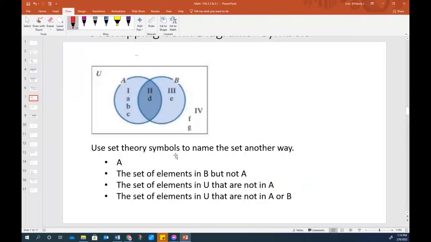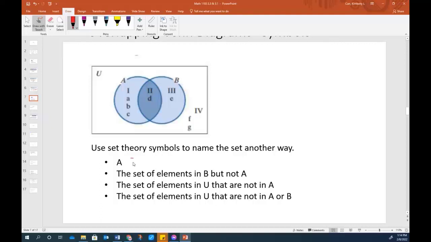Now here we have this same question we had earlier, but this time instead of using the roster method, we're going to write this with symbols.